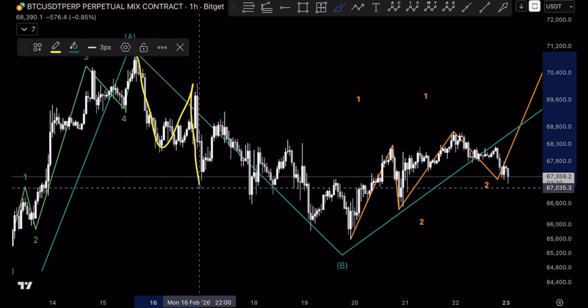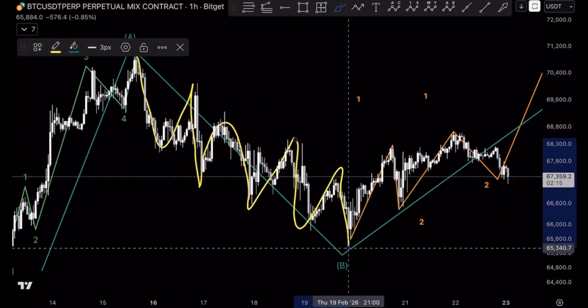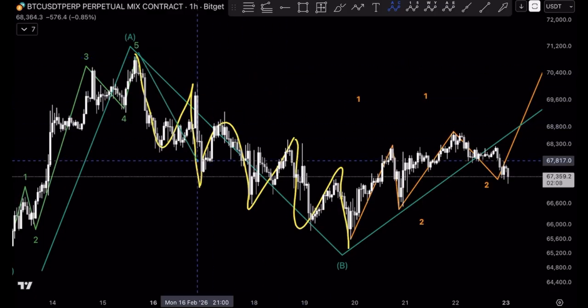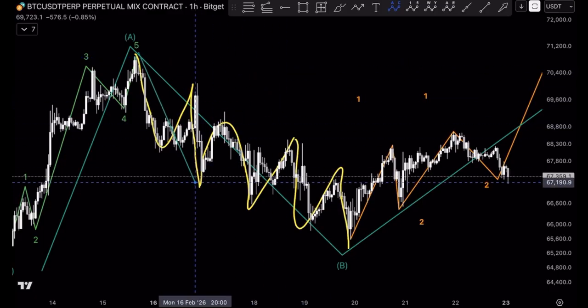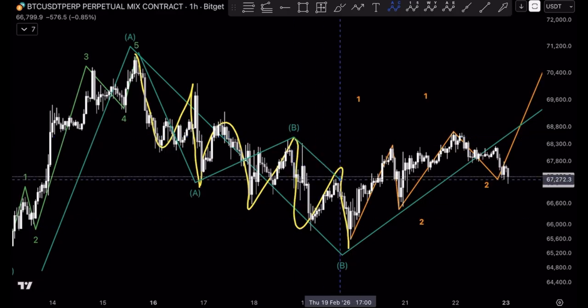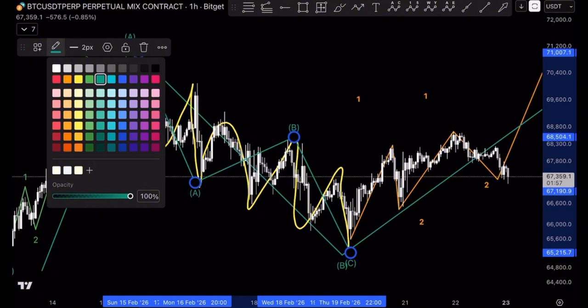A correction down, a correction up, a correction down. Very simple. From the top here, a correction down is A, a correction up, that is B, a correction down, that is C. Let's change the color to orange.